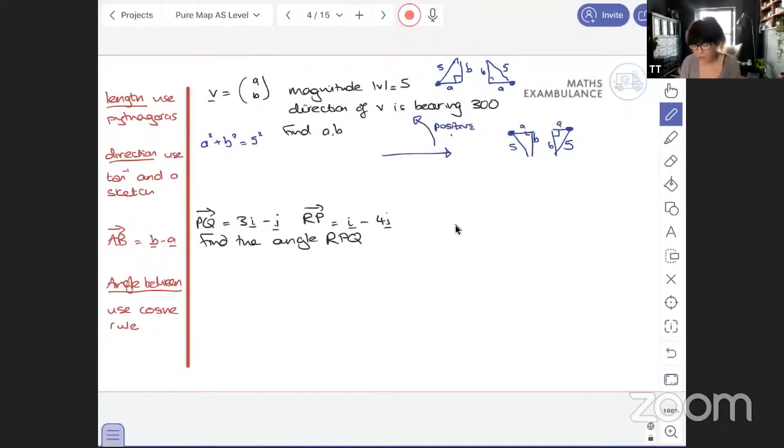So if I said 30 degrees to the horizontal, I guess I would mean this direction. But if I meant that way, and that's the horizontal, and that's 30, I guess I would say 150 degrees to the horizontal.